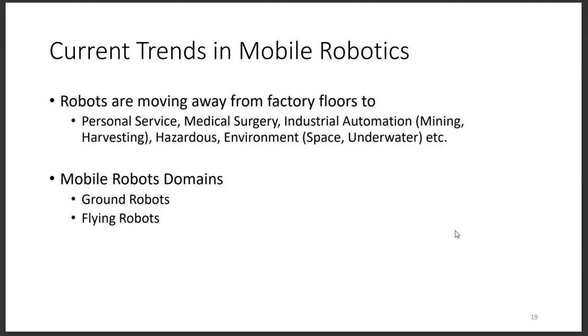Current trends in mobile robotics are moving away from industrial robots to personal service robots, medical surgery, where robotic tools are placed at the tip of a robotic arm for operating, industrial automation, mining, harvesting, and hazardous environments.